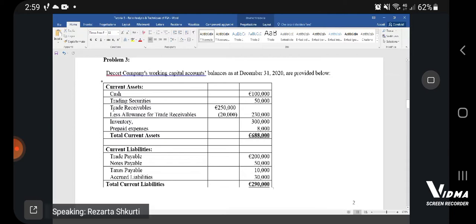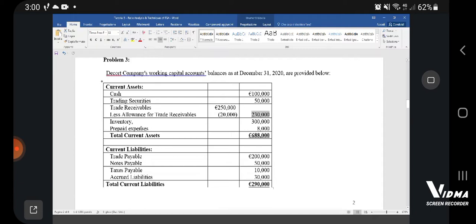Now you see that the trade receivables are represented in their gross amounts, less the allowances for bad debts, that is, allowances for trade receivables that are probably not going to be collected, and this value over here, 230,000, represents the net trade receivables. That is the amount of the trade receivables that I am probably going to collect in the next period.